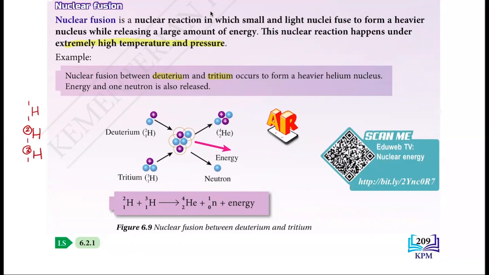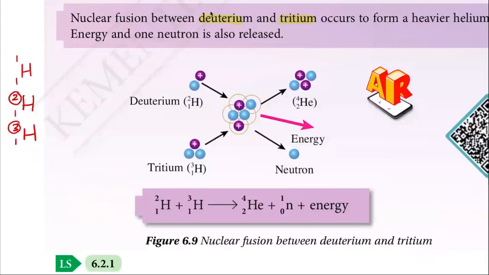So when we fuse deuterium and tritium together, like in this figure here, it will produce this part here. 2 plus 3 is 5. Below is 2, 1 and 1.